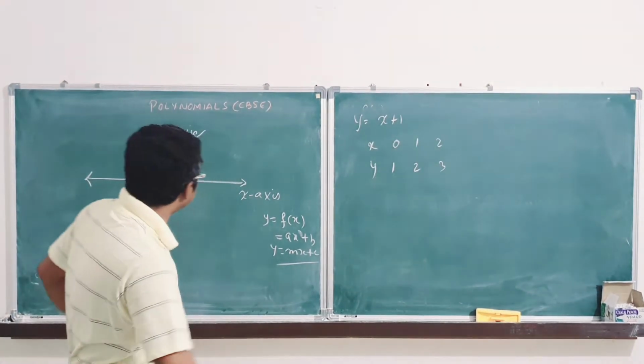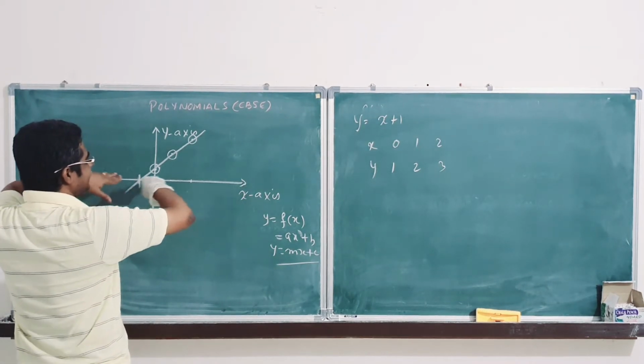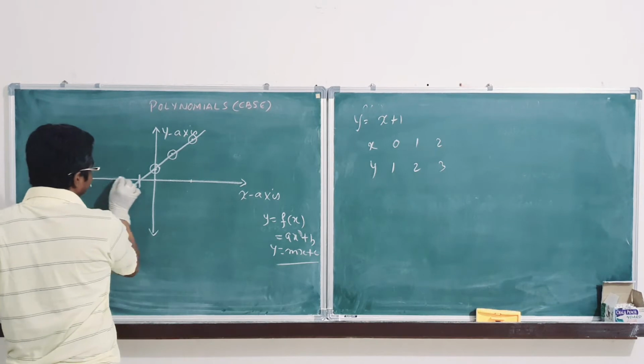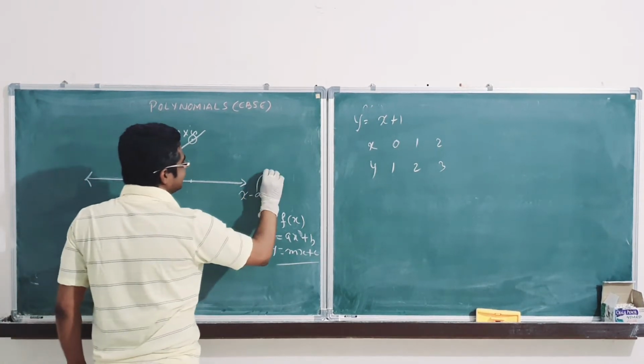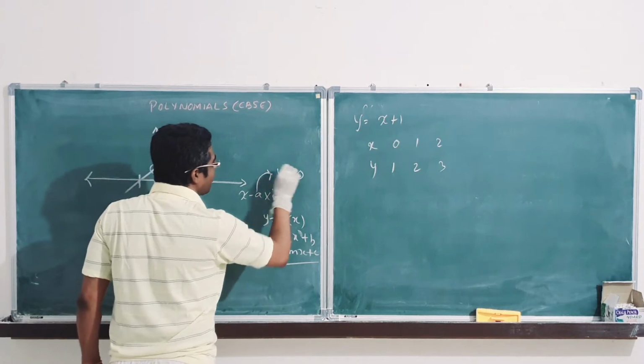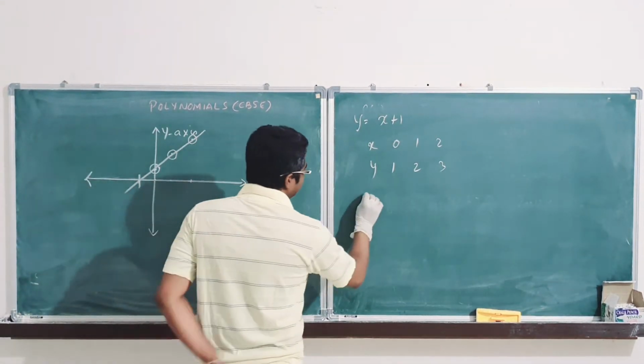At this point on the x-axis, what is the value of y? The x-axis passes through this, so it doesn't go upwards or downwards. So on the x-axis, y is equal to 0. And in our polynomial, what did we say?